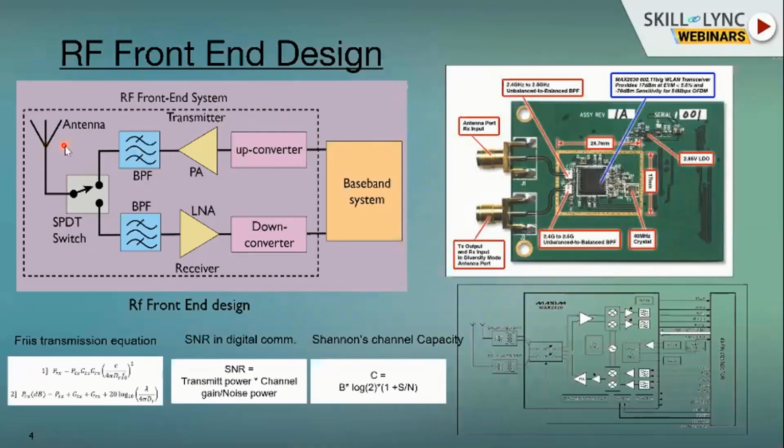Basically, in the RF front-end design on the transmitter side, you have up converters. That's your message wrapped on the stone. Then you are throwing the stone to a certain distance, which is taken care of by the power amplifier. Then you want to filter it so that it will reach a particular person, so we are using a filter. Then it goes to the antenna.